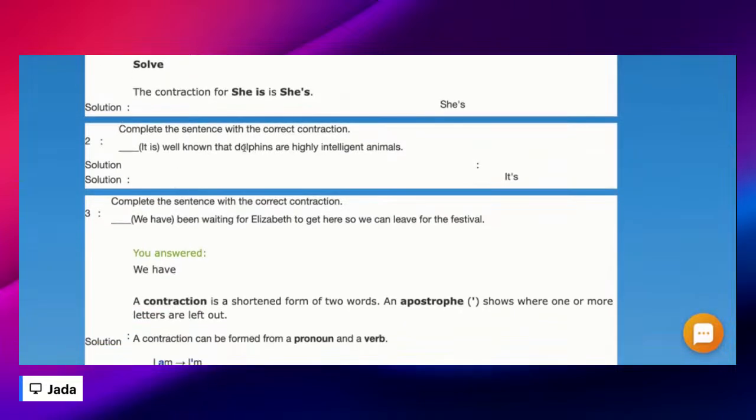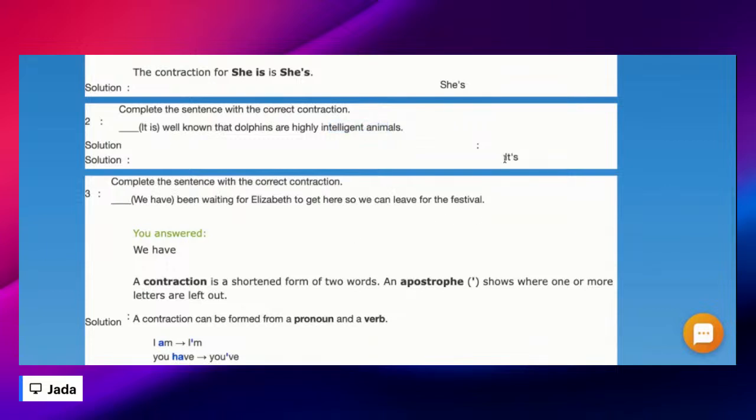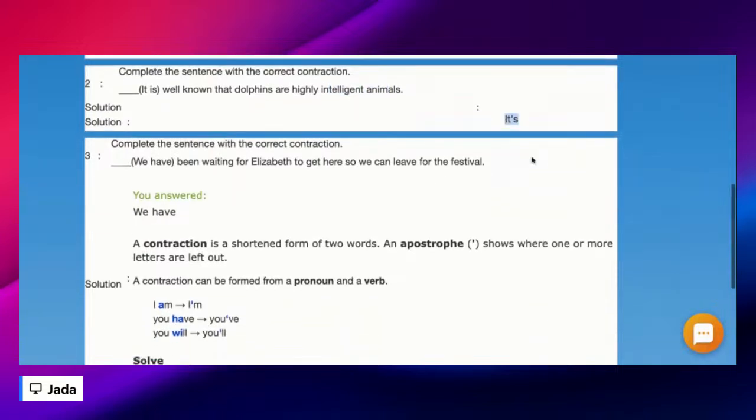It is well known that dolphins are highly intelligent animals. Now we have it is. You remove the i, and this is the shortened version, it's.